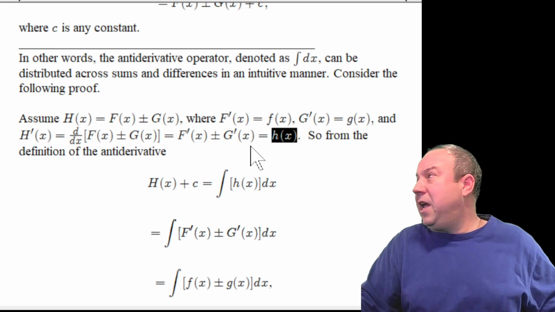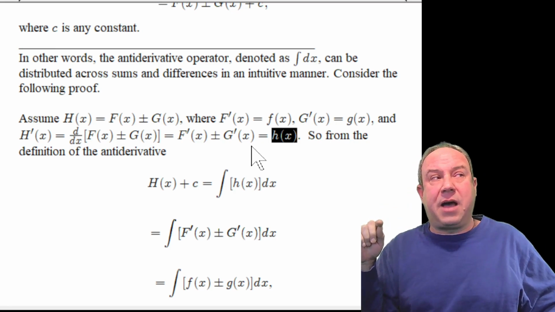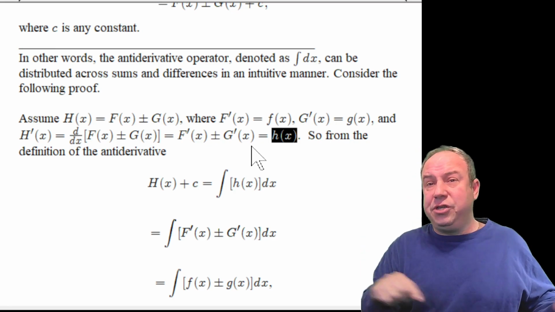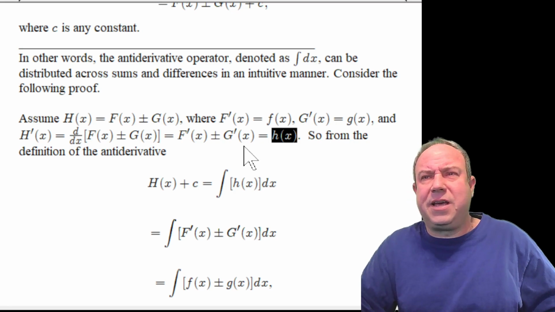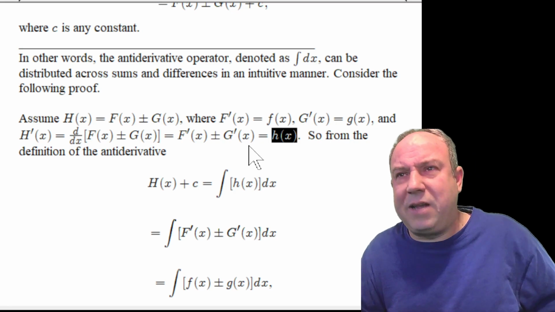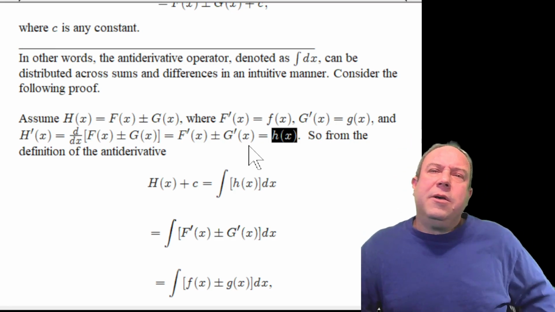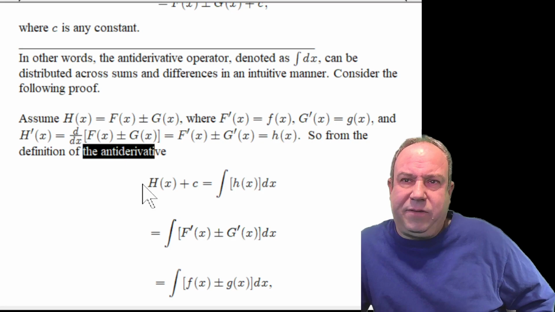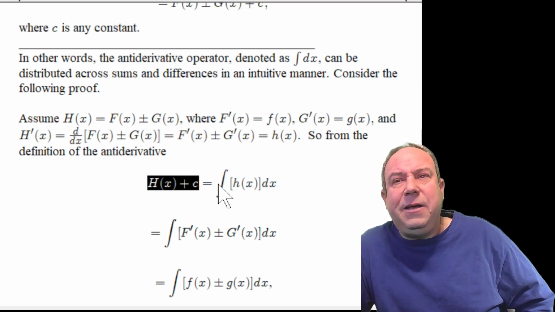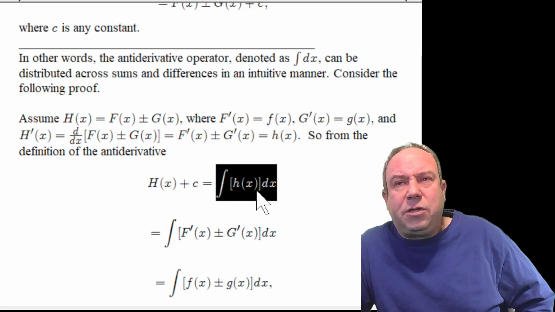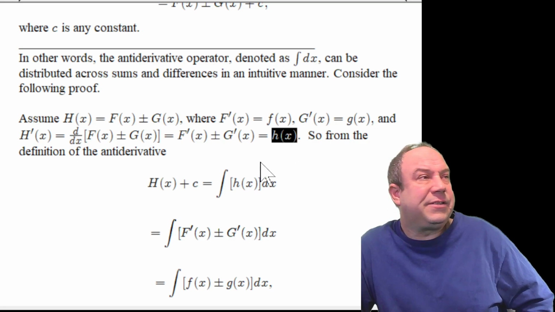This is our understanding of the antiderivative operation from the definition of antiderivatives and how it relates to the derivatives. So from the definition of the antiderivative, cap h of x plus c will be equal to the antiderivative operator being applied to little h of x.